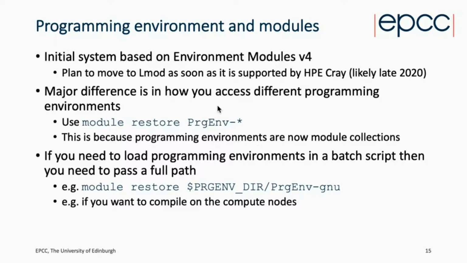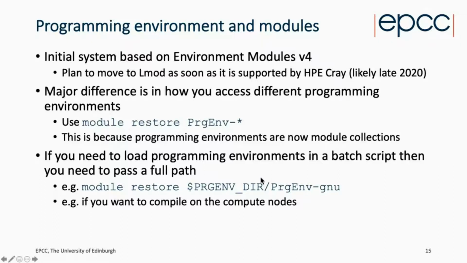If you need to load the program environment in a batch script, then you need to pass a full path to these modules, because the way collections work is they're stored in a hidden directory in your home directory, and the home directories aren't available on the compute nodes on Archer 2. So if you wanted to compile on the compute nodes, you would need to do something clever.